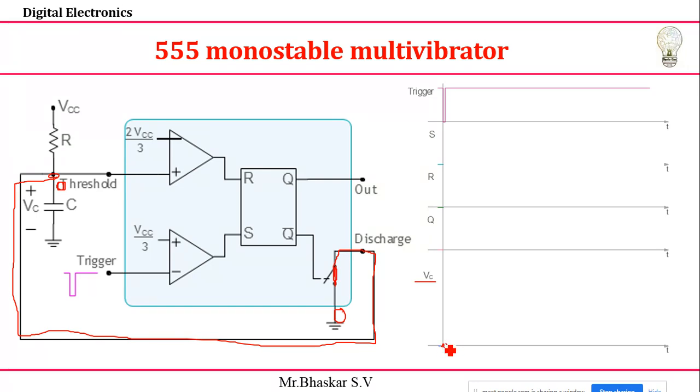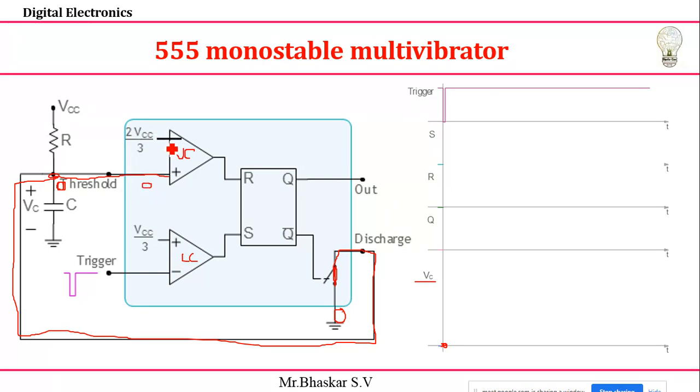Initially there is no charge, and you can see the threshold is connected to the non-inverting terminal of the upper comparator. Let's take this as the upper comparator and that as the lower comparator. Otherwise you can take C1, C2 or A1, A2, your wish. I already told that if the non-inverting terminal potential is greater than the inverting, then only the output is 1. But in this case, the inverting terminal potential, 2/3 of VCC, is greater than the non-inverting, which is 0.